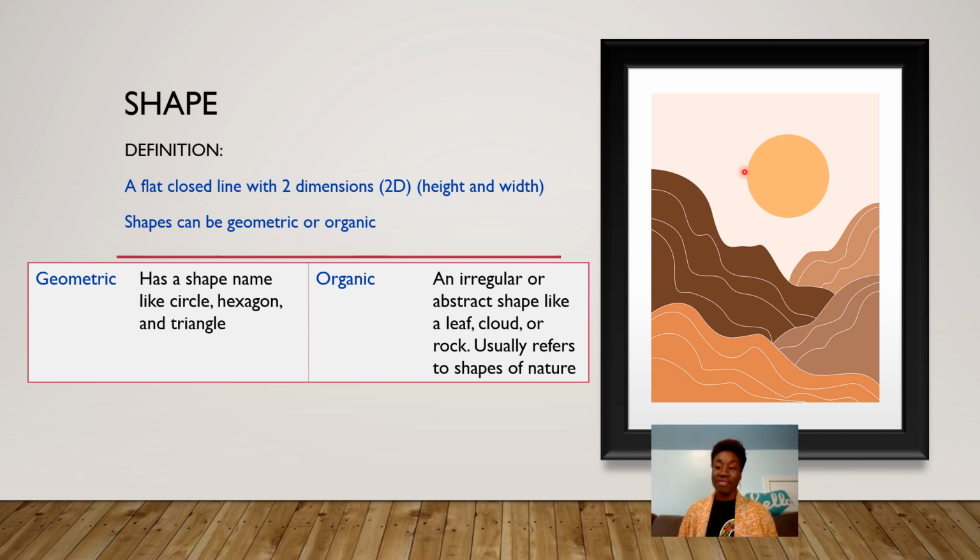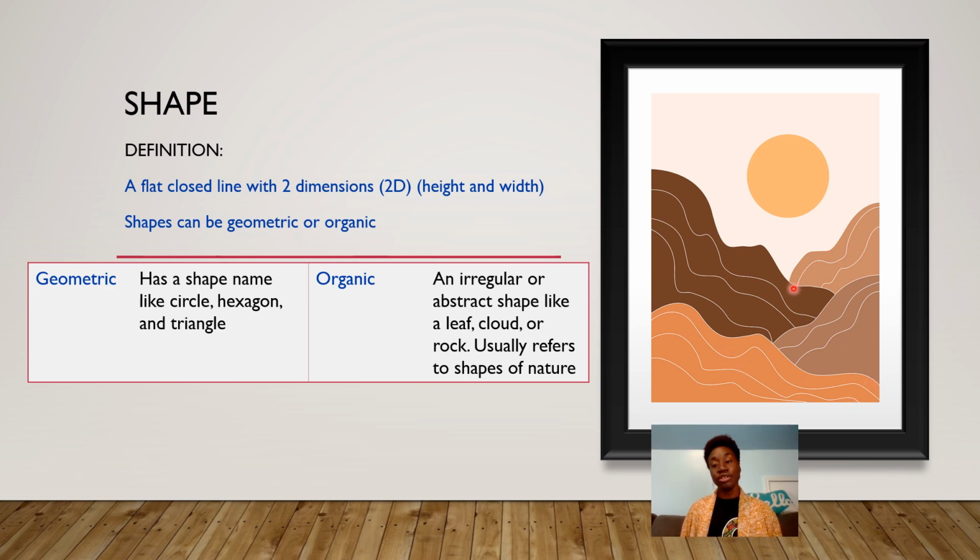Here in this picture, you have a sun and you have mountains. The sun is a geometric shape. It's a circle. And the mountains are irregular shapes, so they're organic, or you can say they're somewhat abstract, but you can tell that they are meant to be mountains because they are brown.